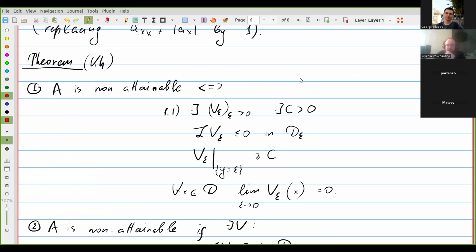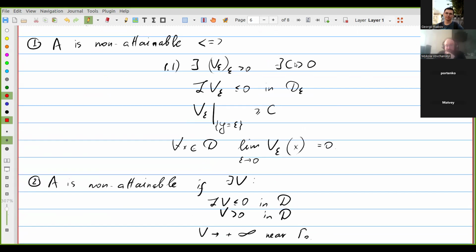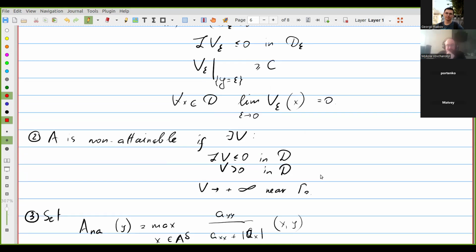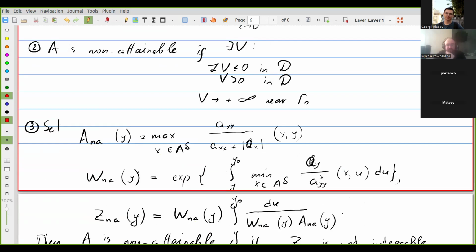And now the most important result for us is actually that the part of the boundary cannot be hit if there is a family of barriers satisfying this condition. Now, C can be replaced by 1. So it's very similar to the repelling condition. It can be reformulated in terms of one single barrier that should grow to infinity near the boundary.